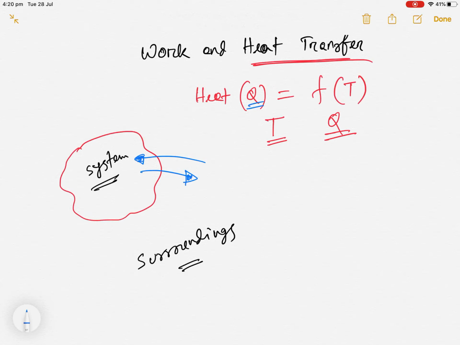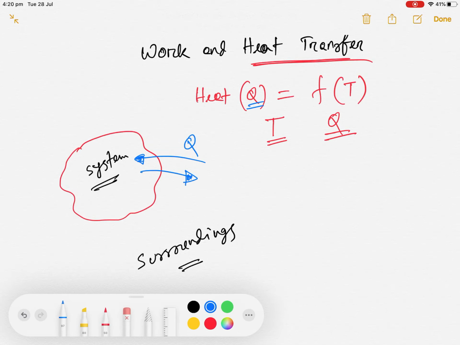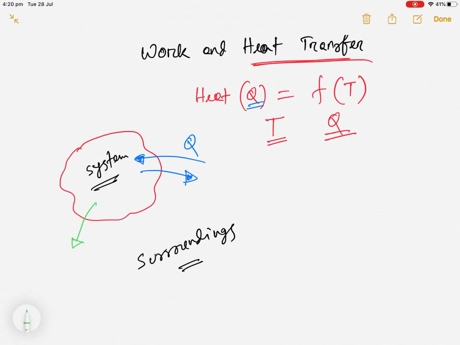So these are two cases. We define heat as Q. The heat could go from the system to the surroundings or from the surroundings to the system. Similarly, work could transfer from the system to the surroundings or from the surroundings to the system. So this is work and this is heat.